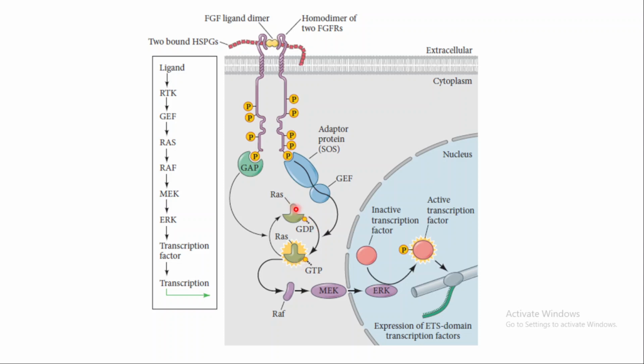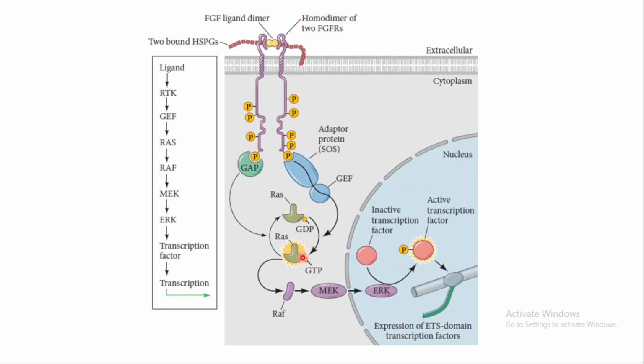RAS is a GTPase. When RAS is bound with GDP, it is inactive, but when the GDP is exchanged with GTP, RAS is active. So GEF and GAP play a role in cycling RAS between GDP bound and GTP bound states.